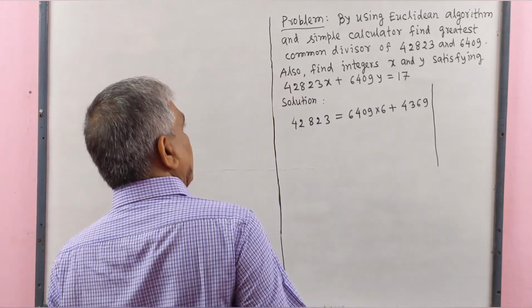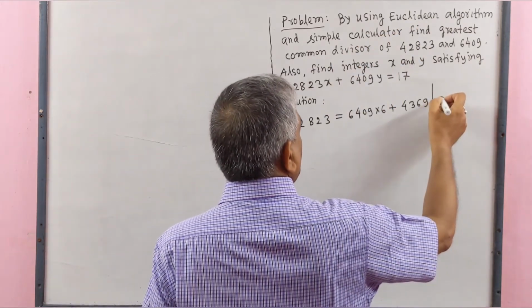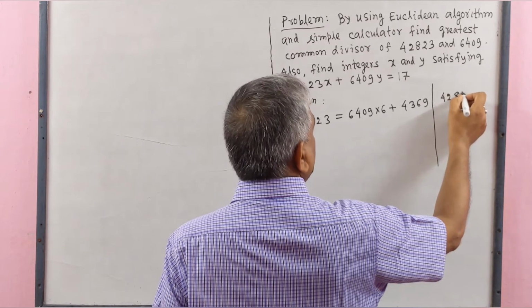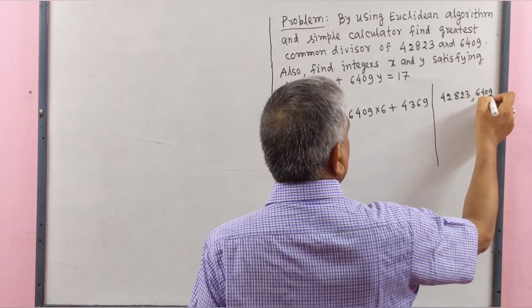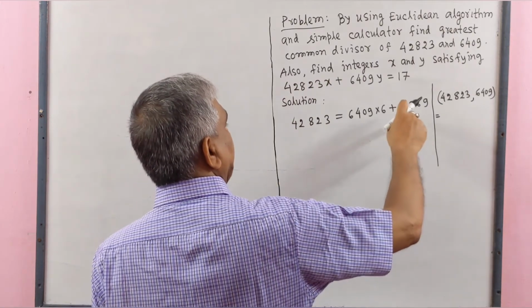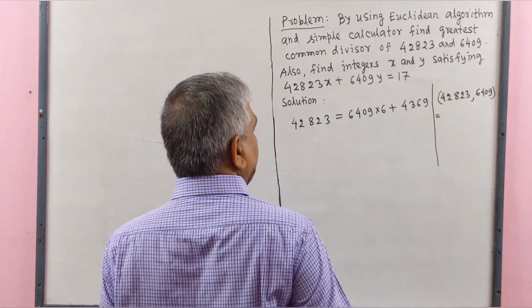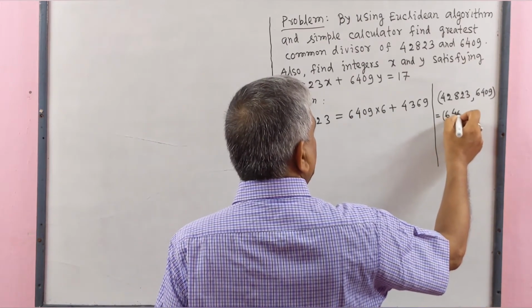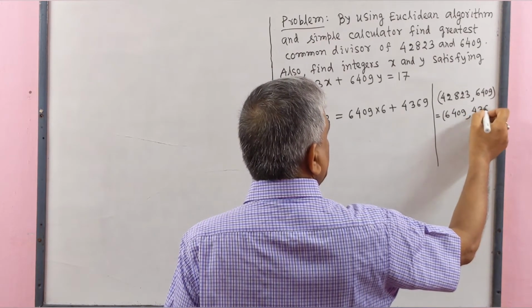So by the Euclidean algorithm, we write the GCD of 42,823 and 6,409 equal to the GCD of 6,409 and the remainder 4,369.